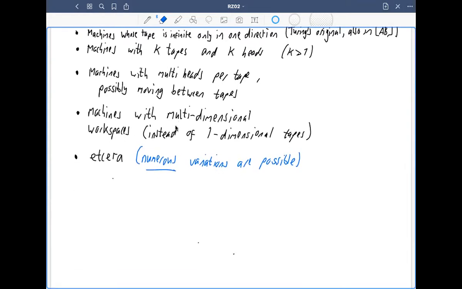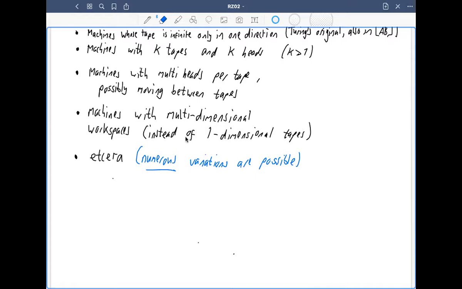Another generalization: humans don't tend to work with one-dimensional tape. They tend to work with sheets of paper, and we can naturally work with 2D work surfaces. Even complicated ways we might work with 3 dimensions, but we can certainly easily work with 2-dimensional sheets of paper.